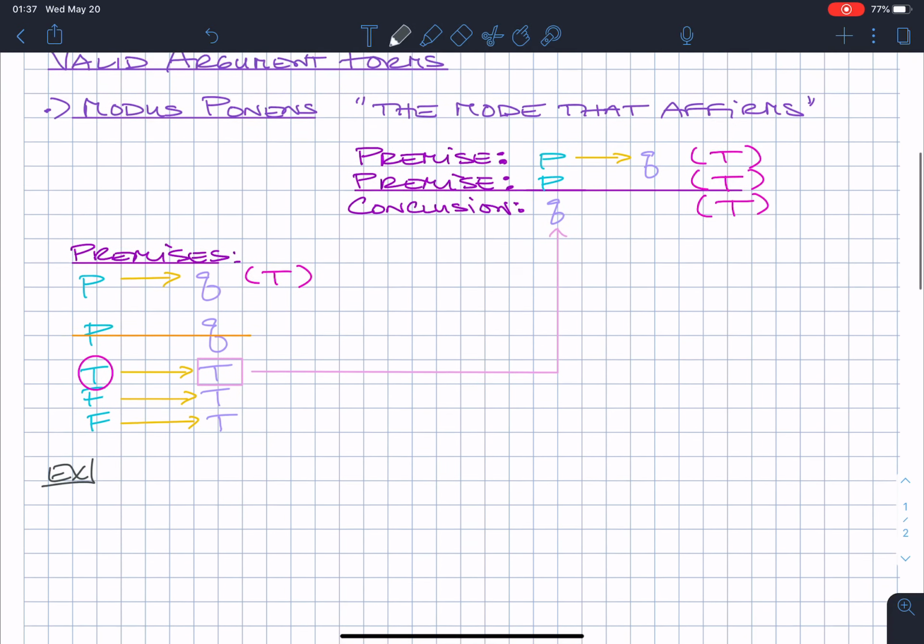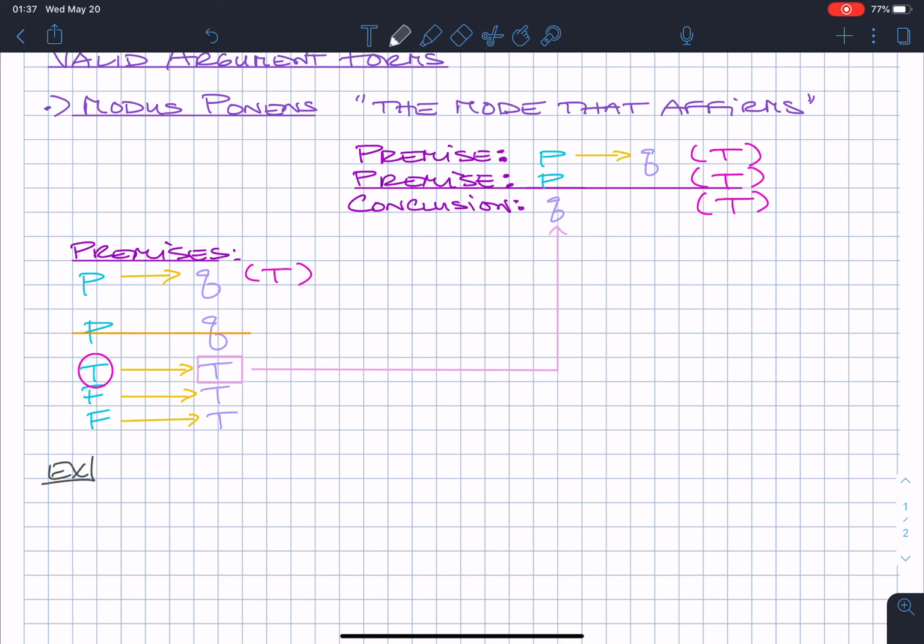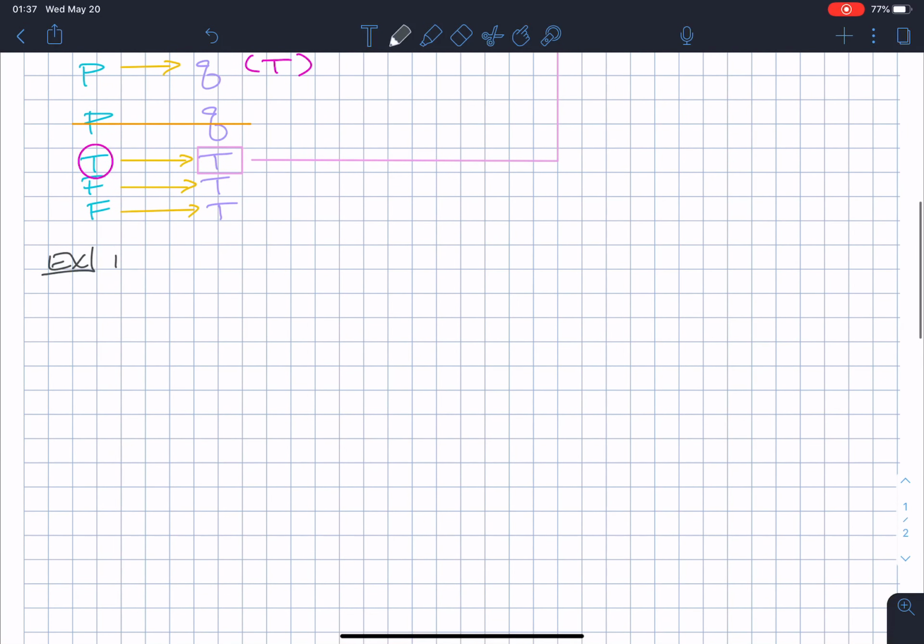I need two premises: an implication, or conditional statement, and that P is true. The conditional statement, let's say: if I go to school, then I will need to buy gas.